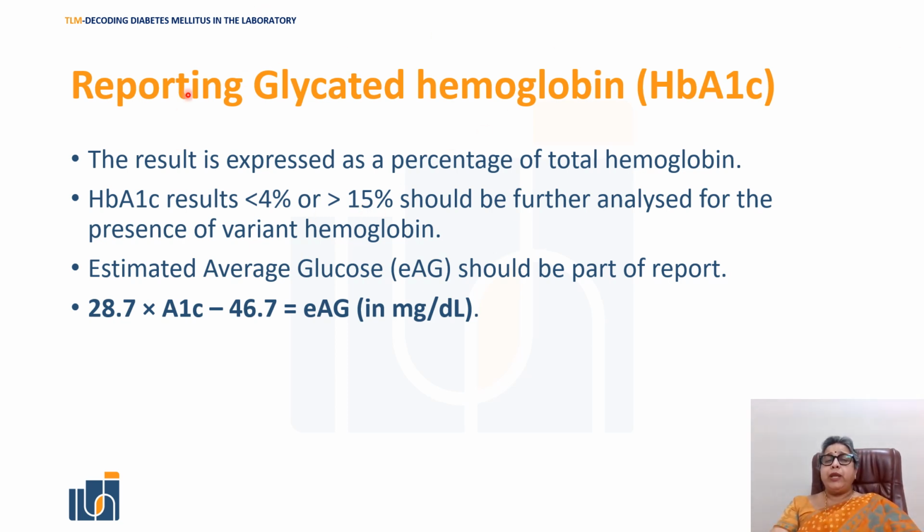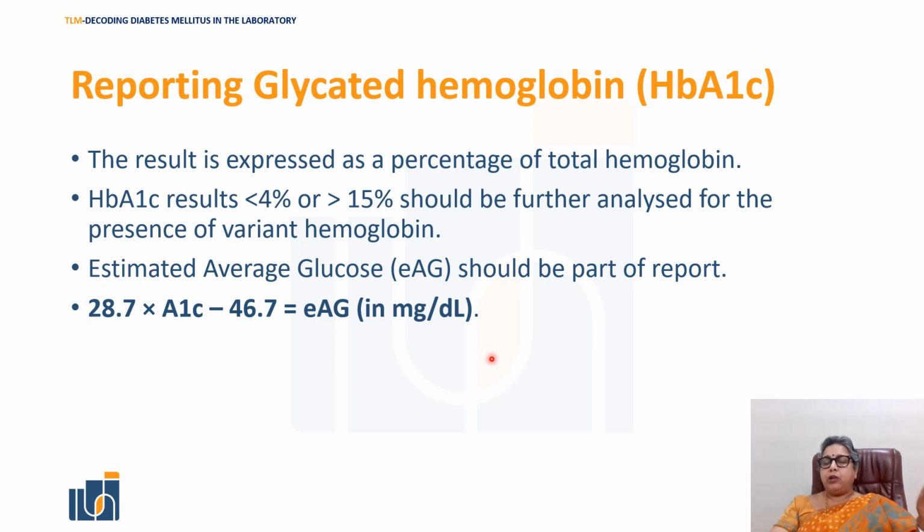Now, when you're reporting glycated hemoglobin, you should also report what is known as estimated average glucose, which is actually telling you that this is the percentage of hemoglobin that is glycated, and for this glycated hemoglobin, this will be your average glucose, and that is a calculated parameter calculated using this formula.